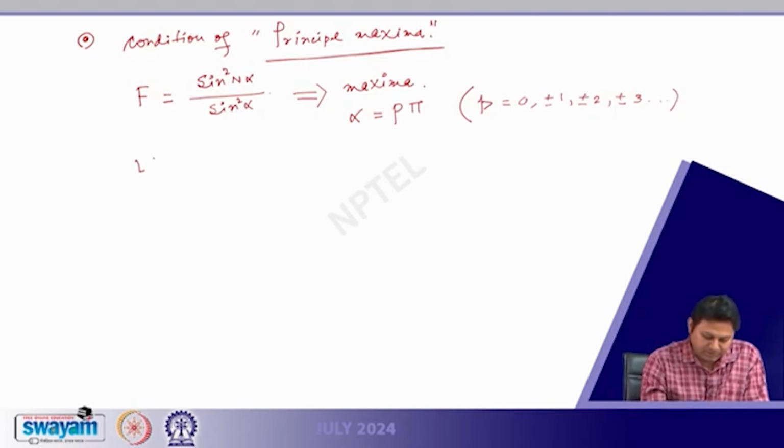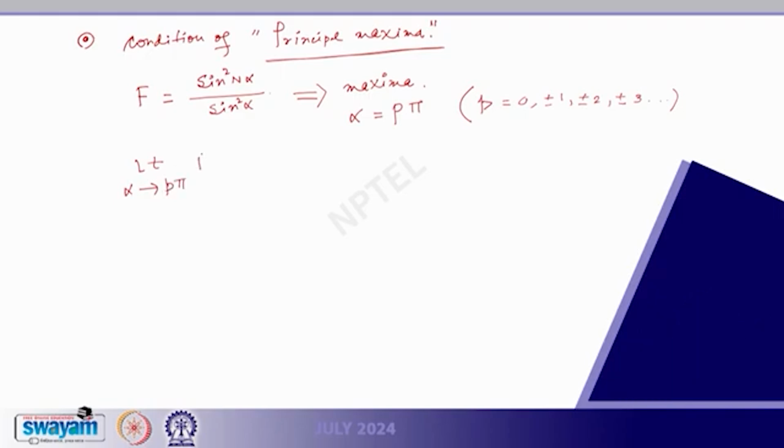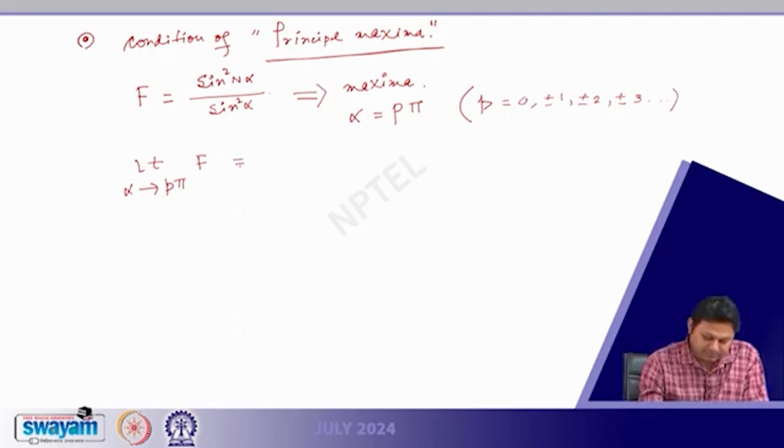So the limit as alpha tends to p pi of this function f is essentially n square, where f is this function.